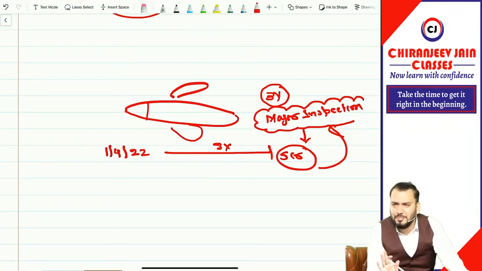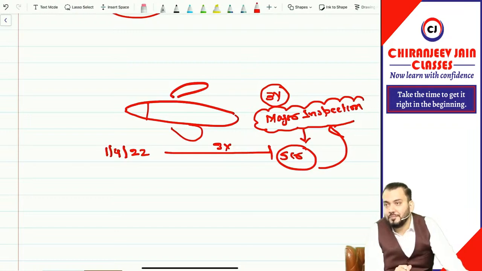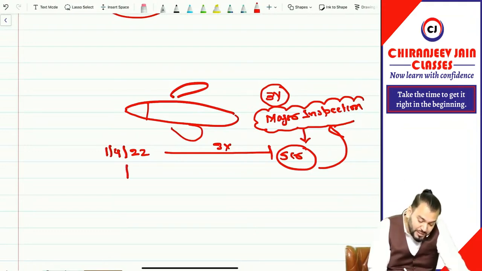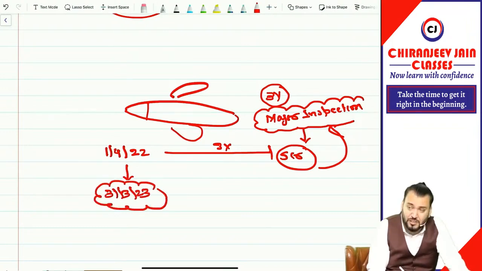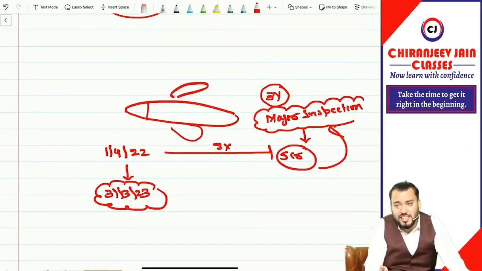Means the amount can be estimated. Understand what I am saying? It is a legal obligation. Should we create a provision? Yes or no? Should we create a provision on the balance sheet date of the first year, 31st March 2023? Because provision is normally created at year end.